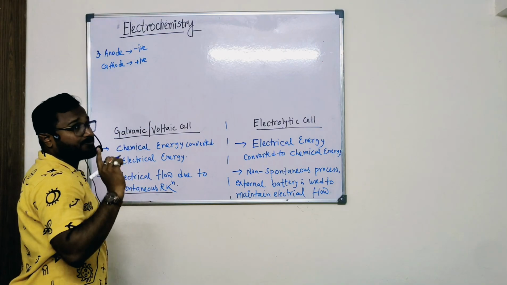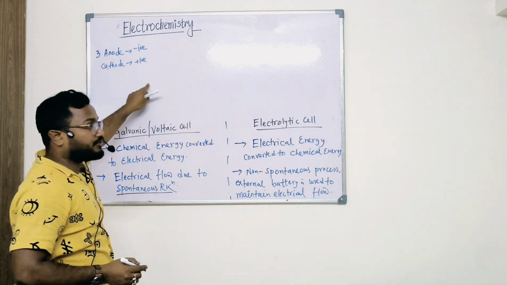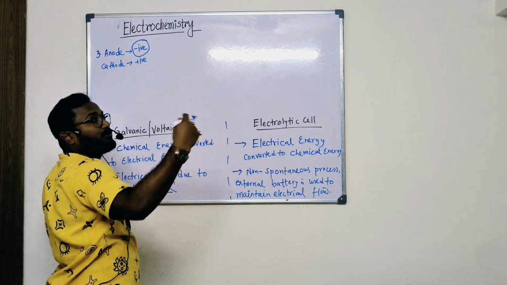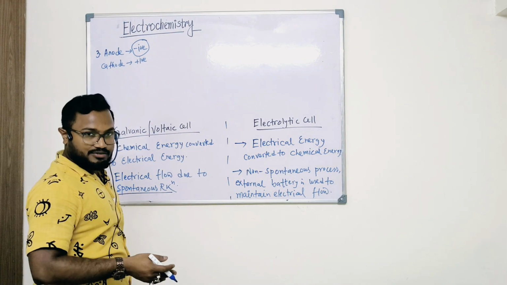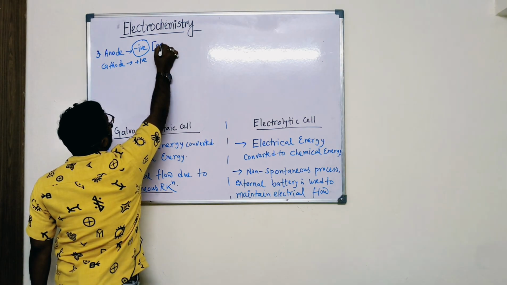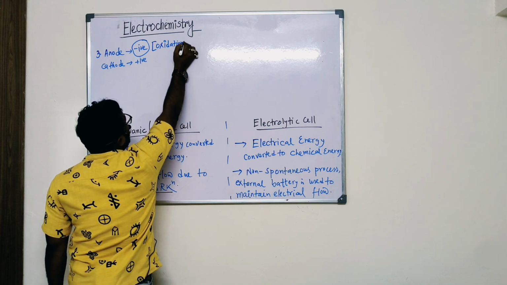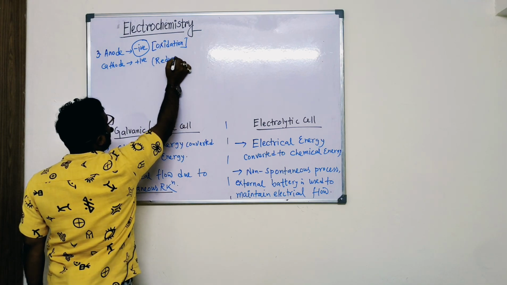But always keep in mind that anode negative, cathode positive, the charge can change. Anode can be positive and cathode can be negative in different types of cells. But in anode always oxidation happens. It is mandatory that oxidation happens at anode and reduction at cathode.